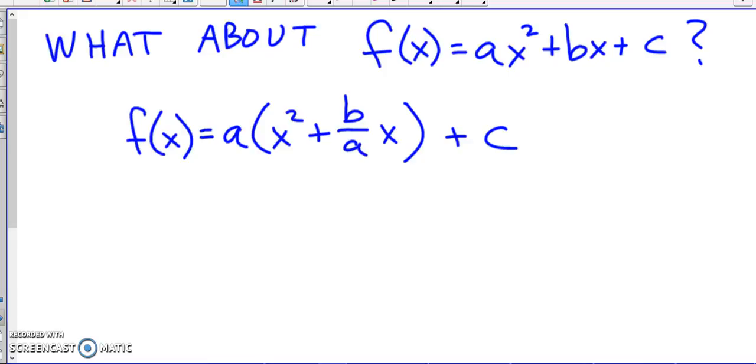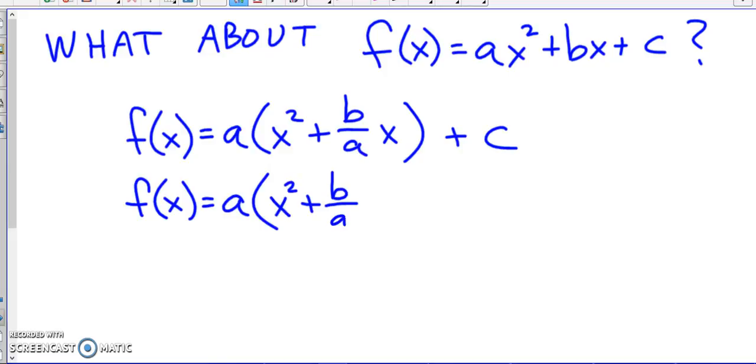Then we're going to complete the square on that inside part. Remember, when you complete the square, you have to take half of that piece right here and square it. So this would be plus b over 2a, squared.